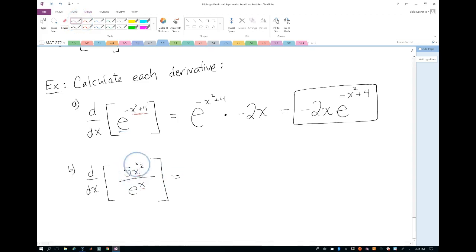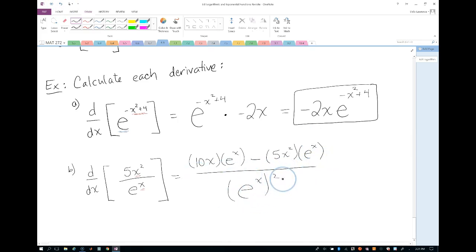Quotient rule says you start with the derivative of your numerator, which is 10x, and multiply it by the original denominator, and then subtract original numerator times derivative of the denominator, and the derivative for e to the x is e to the x, all divided by original denominator squared.